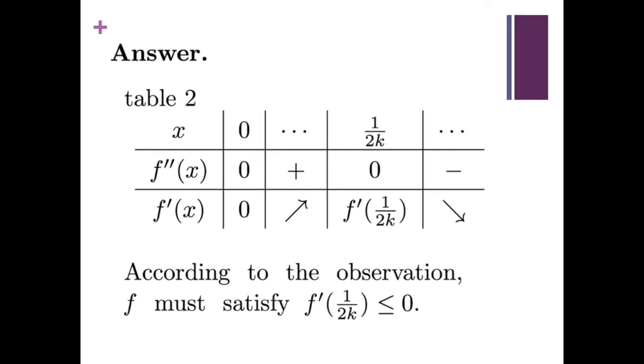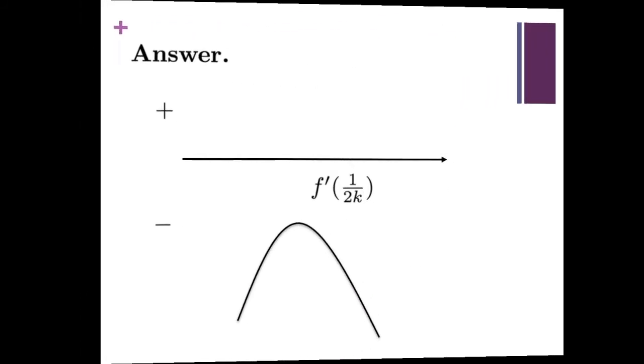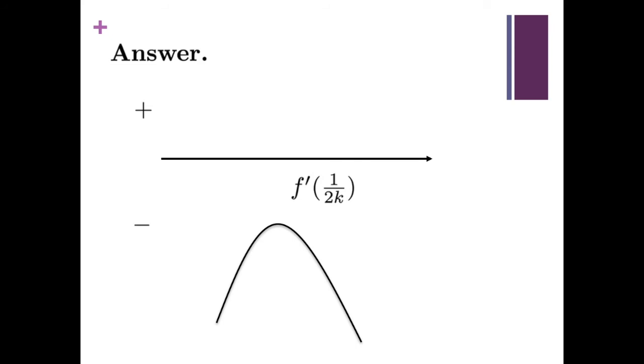Then, to have no extrema, the sign of f prime of x must not switch at x equals 1 over 2k. In order to satisfy this condition, f prime of 1 over 2k is less than or equal to 0. This animation may help your understanding.